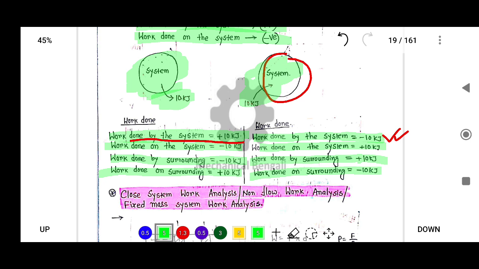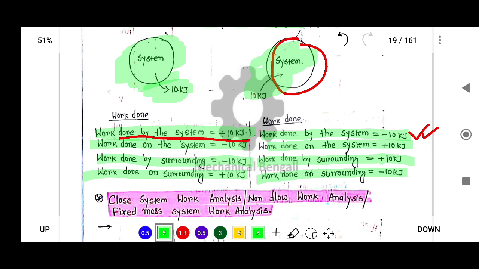But regularly practice, because thermodynamics is a hard subject if you don't practice it. If you regularly practice, then you will understand this subject. That is why I recommend you make your own notes, which is easy for you. Otherwise it is difficult when your exam is coming.